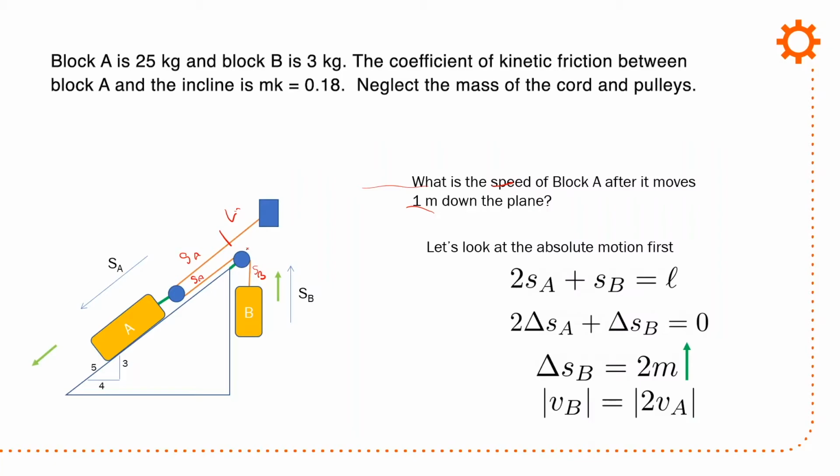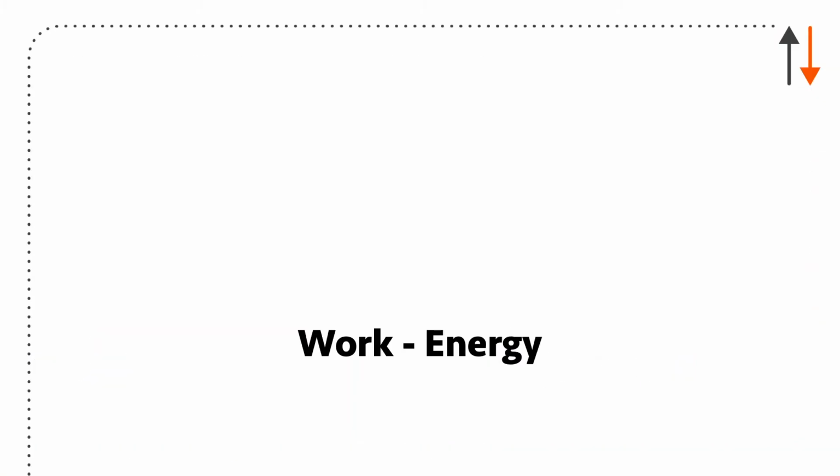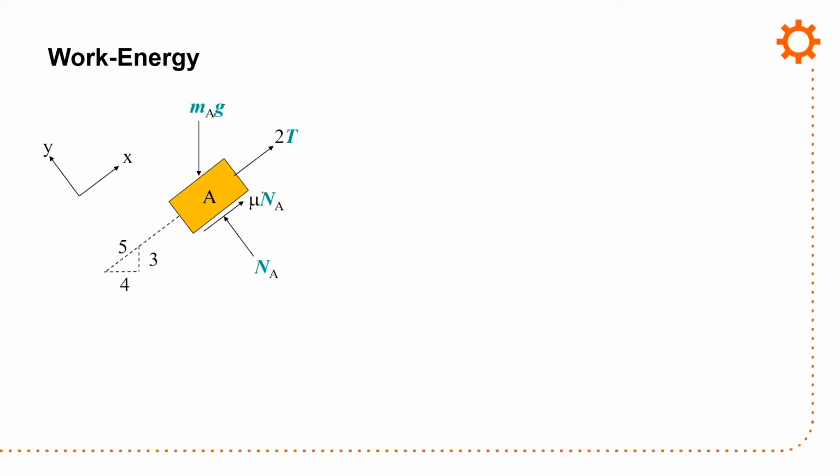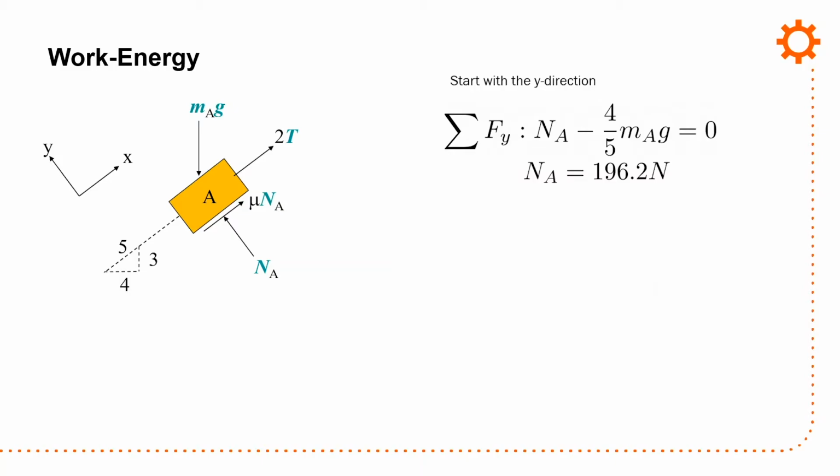And I'm going to leave this as an absolute velocity, and if I do that, I can say the absolute velocity of block B is equal to twice the absolute velocity of block A. In terms of terms I might want to worry about, I might want to worry about this normal force, and I want to get an expression for it.